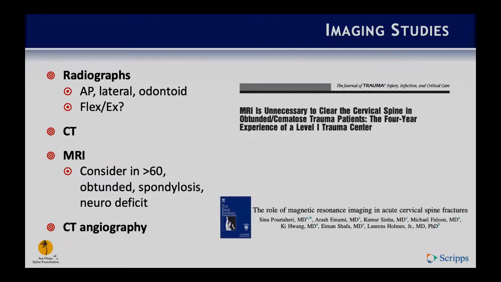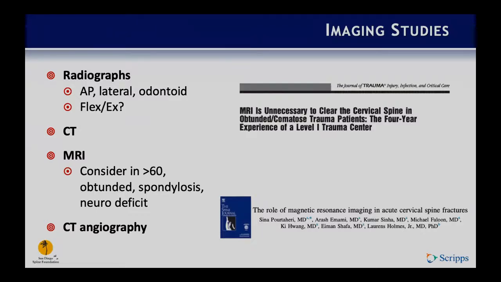Then moving into MRI, there has also been some discussion in the literature of whether an MRI is needed or useful. So, is it needed? In a patient who is obtunded or comatose and you're unable to get a neurologic exam, one thought was this might be needed.